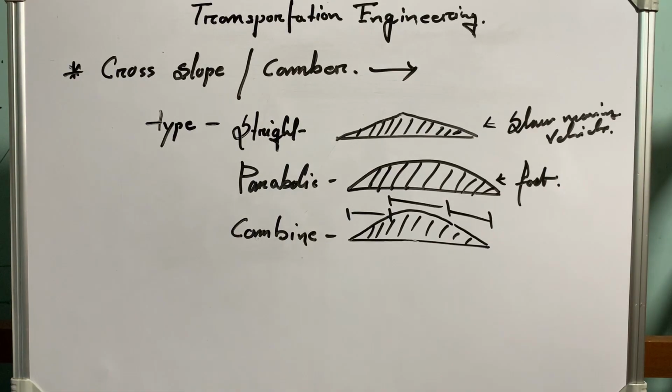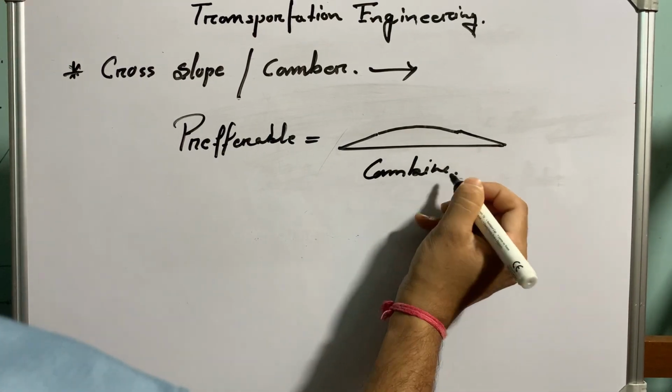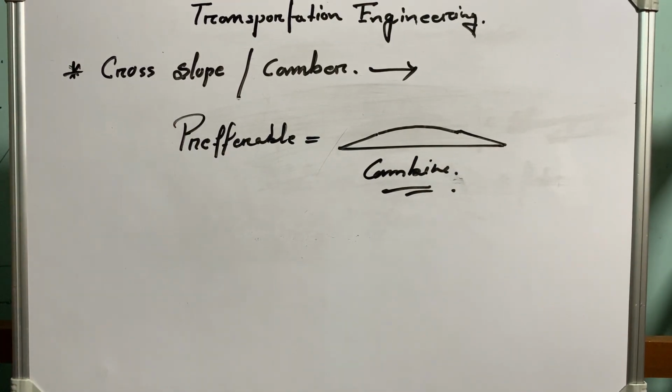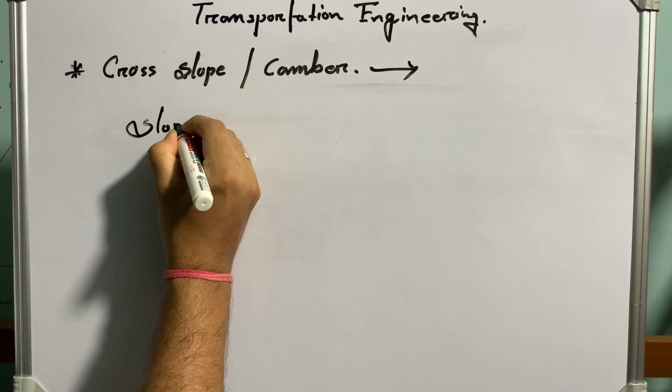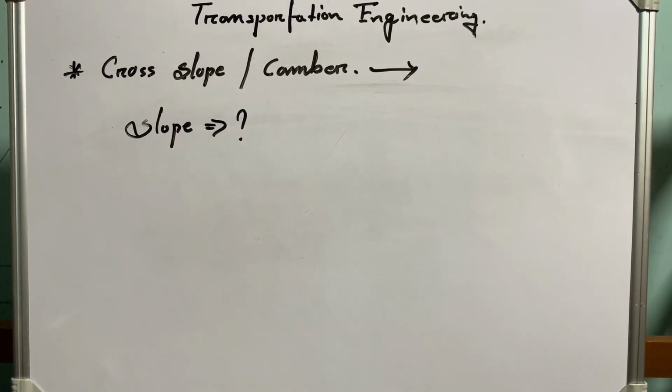That's why it is for slow moving vehicles. And the parabola is for fast moving vehicles. So the preferable cross slope or camber is the combined one, which has both straight and parabola.